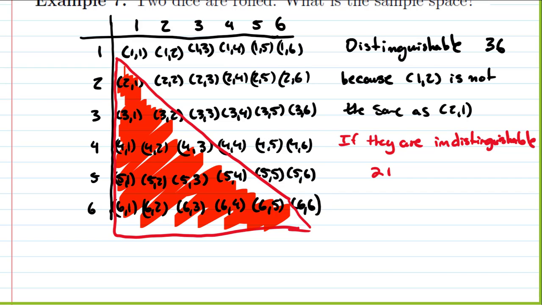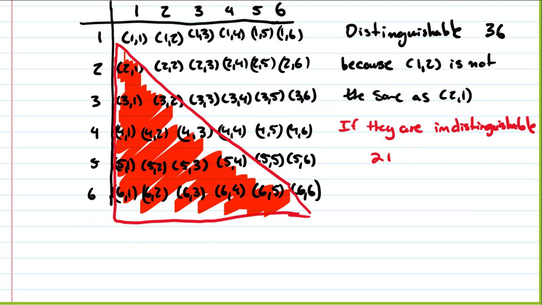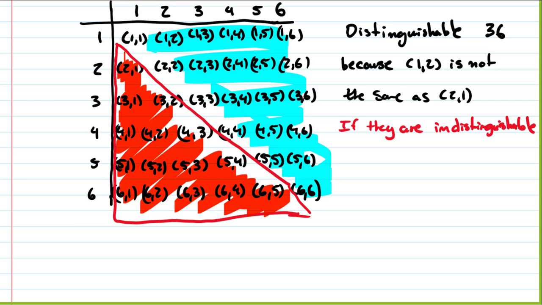Perfect. So if we can't tell the dice apart, it's going to be indistinguishable. I should shade these ones in blue to say those are the ones I'm actually counting, which is these. And there would be 21.